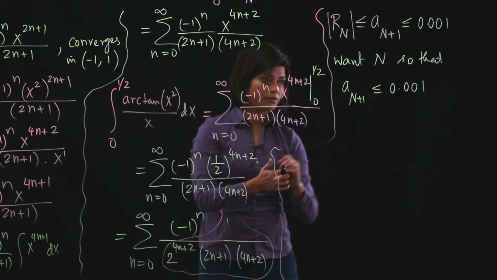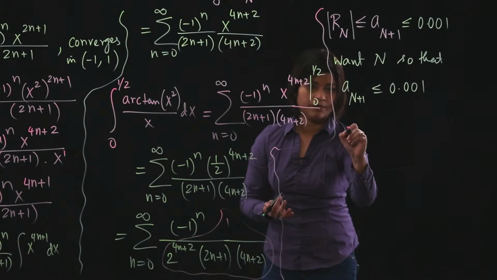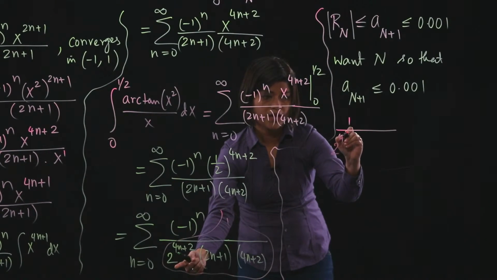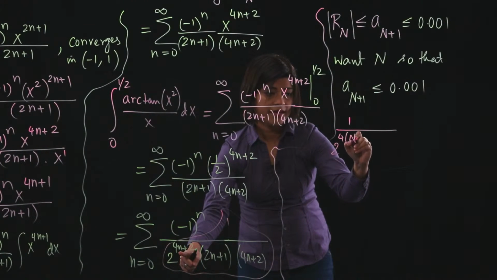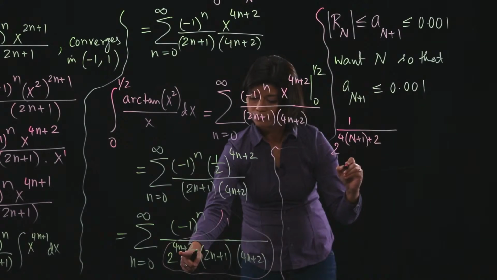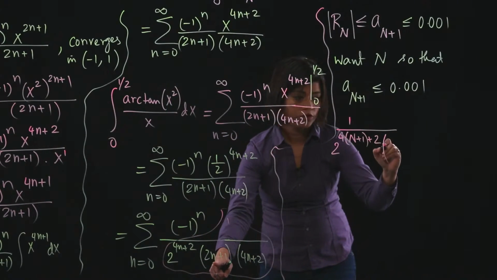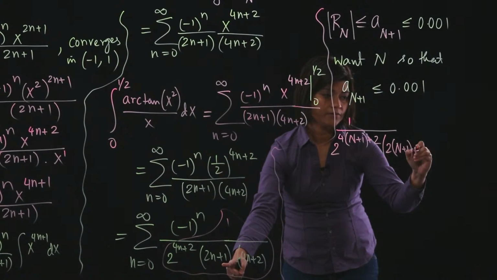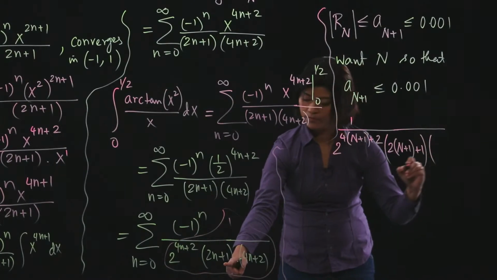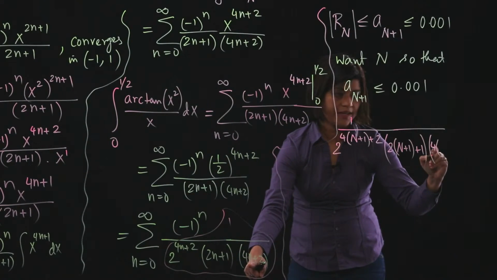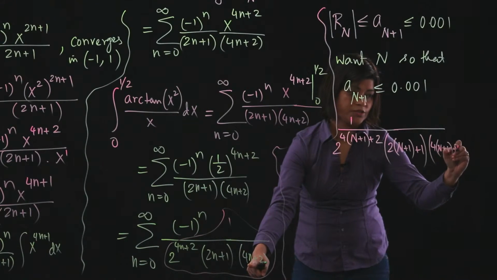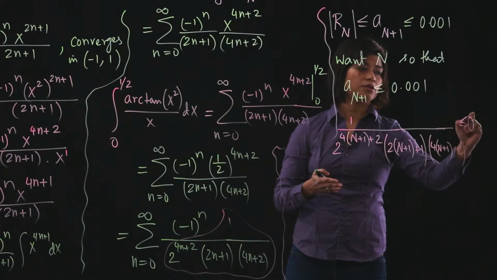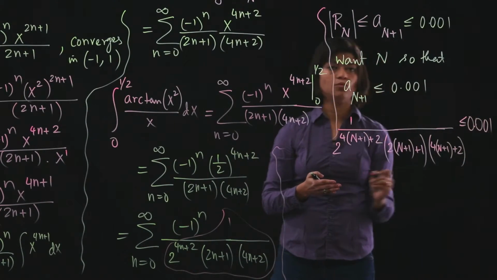So we have 1 over 2 to the power 4 times (n plus 1) plus 2. Then we have this factor 2 times, instead of n, write (n plus 1) plus 1. And we have another factor 4 times, again instead of n, write (n plus 1) plus 2. This entire term should be less than or equal to 0.001.